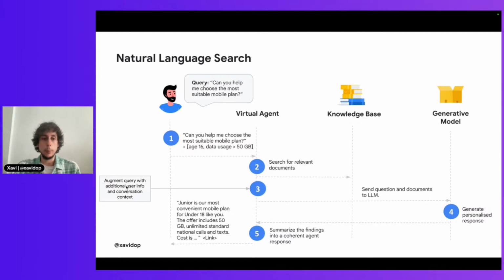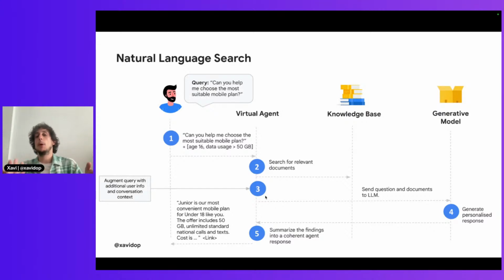We can augment the query with additional user information and conversation text. Basically, at this point, we have the question with information from the user, and then with the information from the knowledge base. That is going to be like a huge prompt.